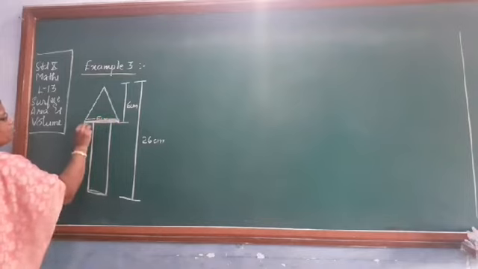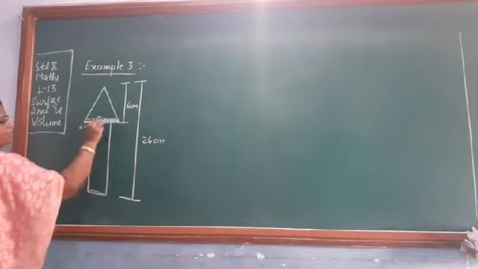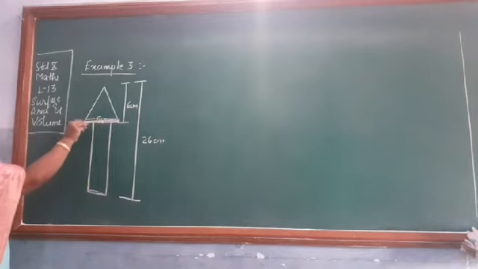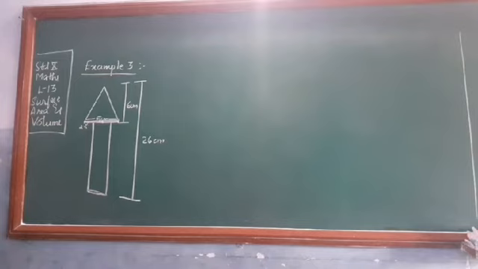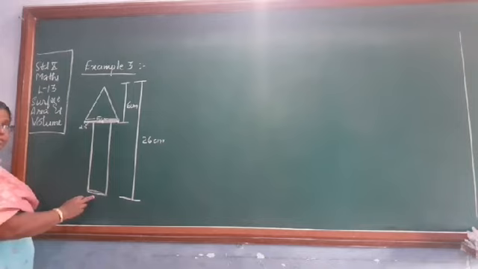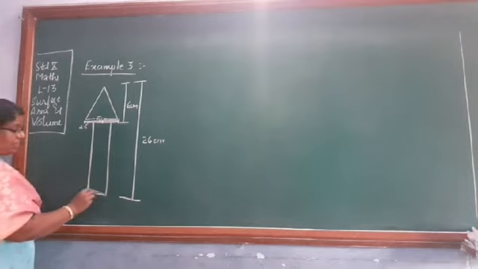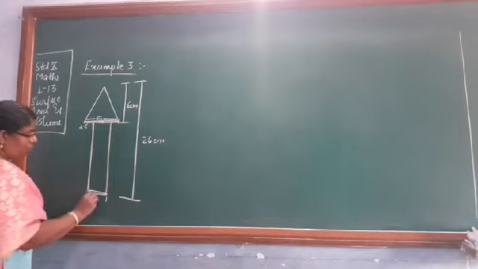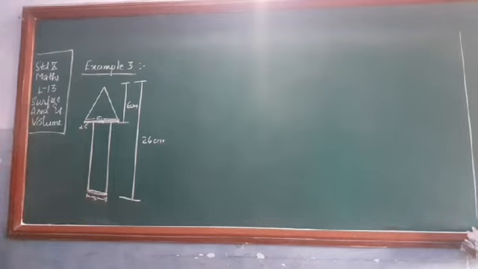Radius will be 2.5 for the cone. Then, the base of the cylinder is given as having the diameter equal to 3. It is given this way.